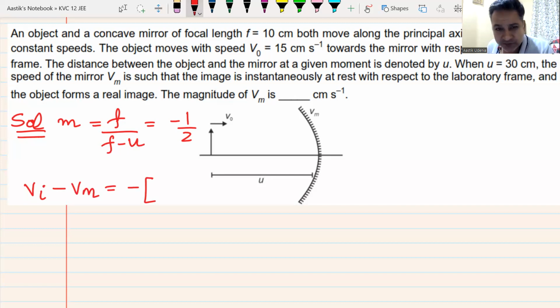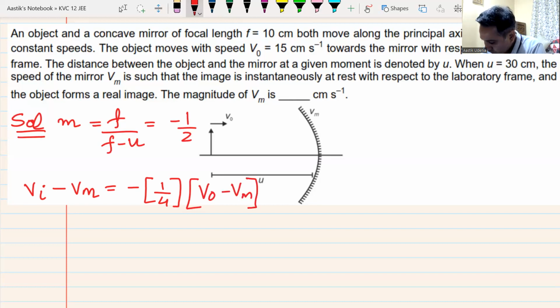What is the square of minus 1/2? 1/4. Yes or no? Into velocity of the object with respect to the mirror. What is the velocity of the object with respect to the mirror? V_O minus V_M. Do we understand this? So far, so good? Can I have raised hands from everyone in the class?